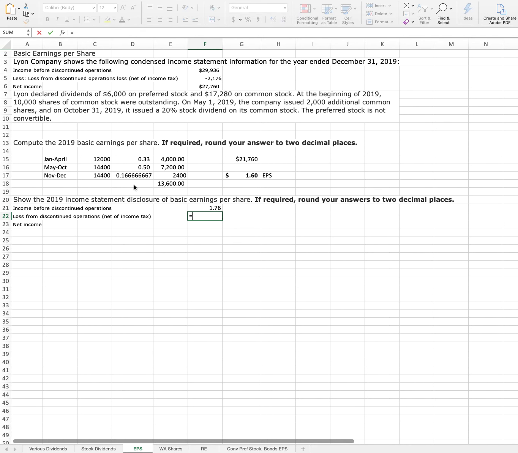Then we can do the same thing for the loss, divide that by our 13,600 shares, and then add these together and come back to that same $1.60 earnings per share that we had calculated for net income in the previous part of the problem.